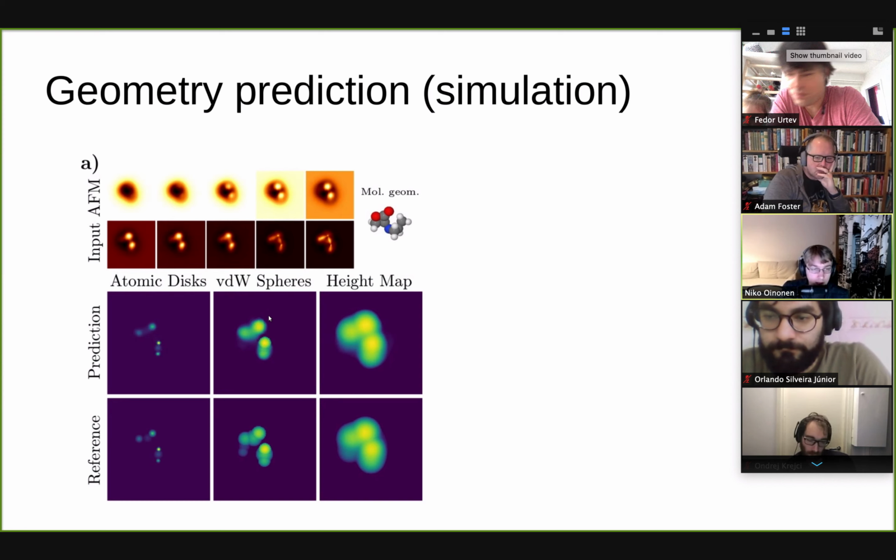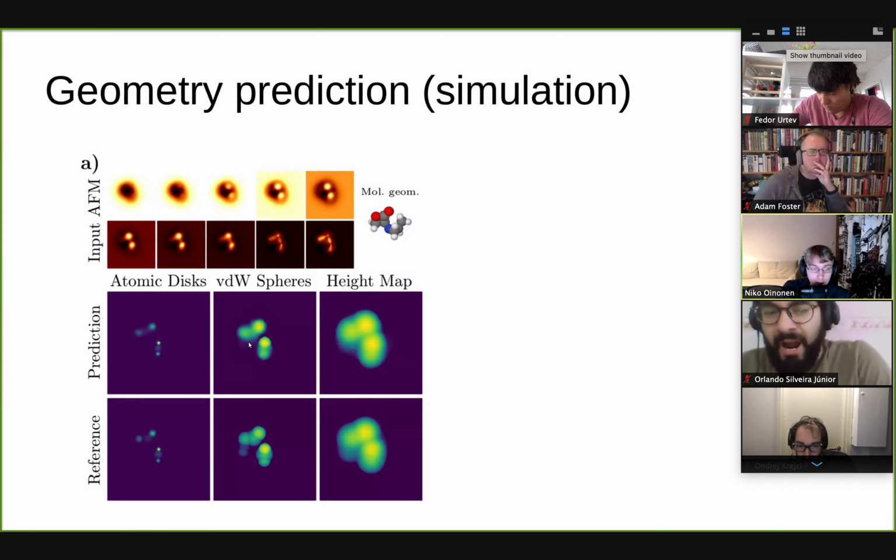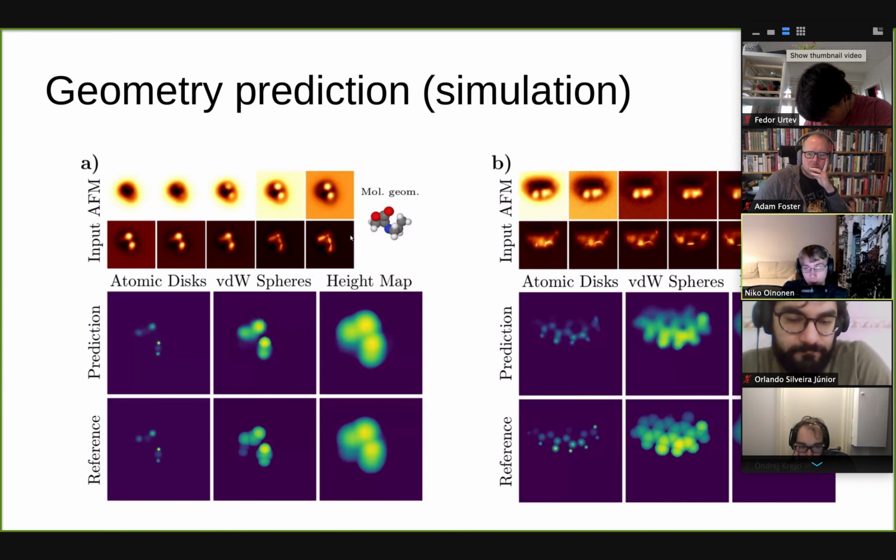Some of the difficulties are that the prediction is a bit more blurry than the reference, which makes it a bit harder to distinguish exactly where the atoms are, and also some of the deeper atoms in the molecules are not predicted as well, but overall it's very good.